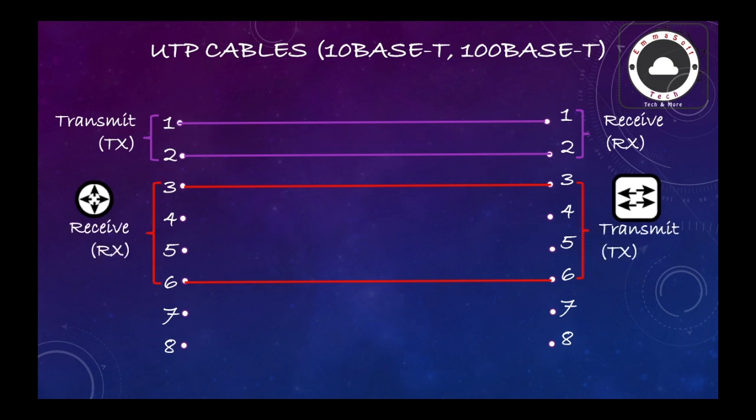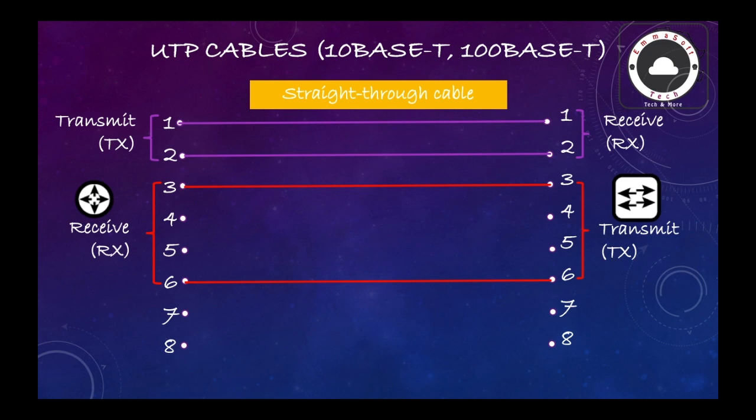And by the way, this type of cable is what we call a straight through cable, where each pin connects directly to an identical pin on the other end of the cable.